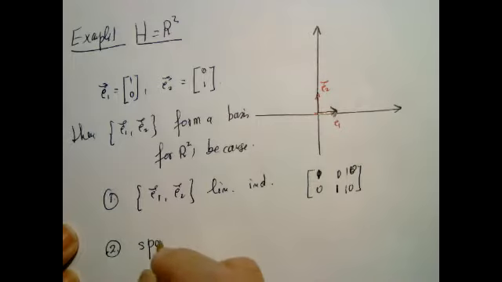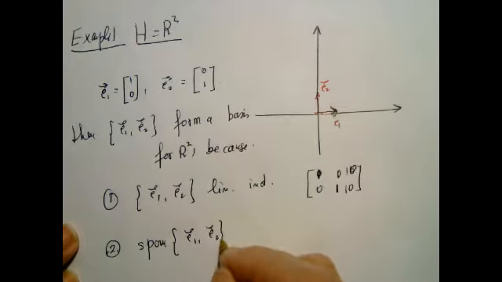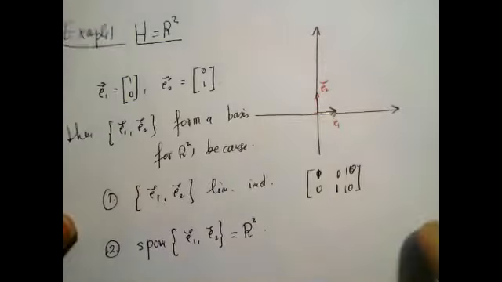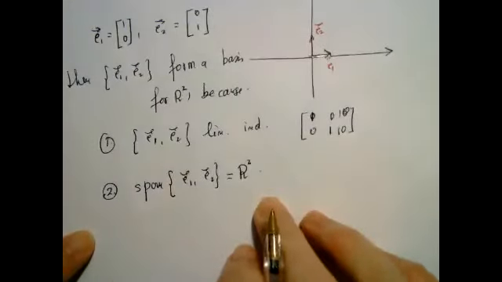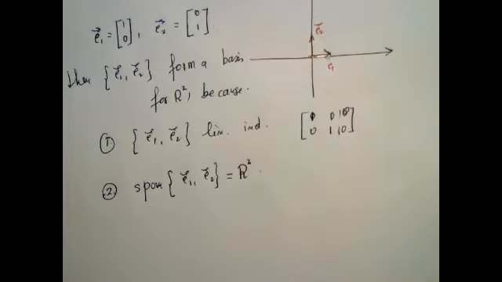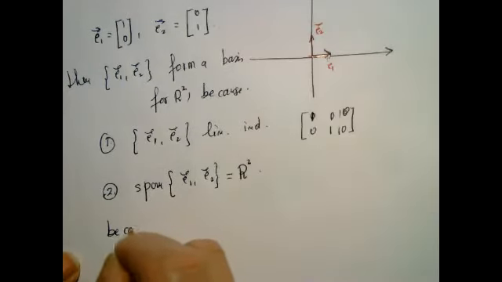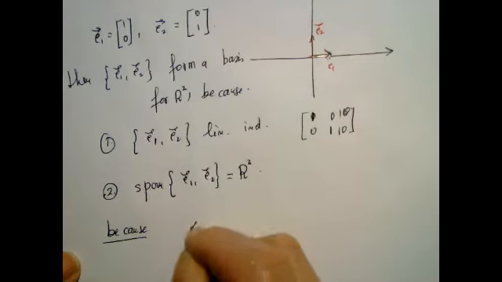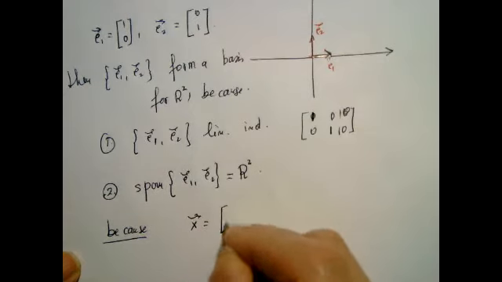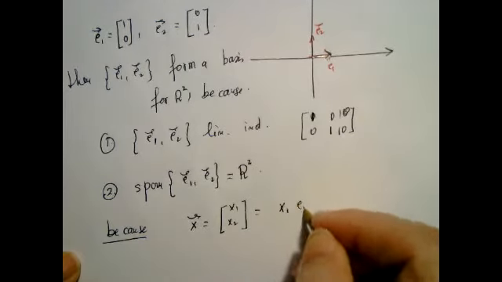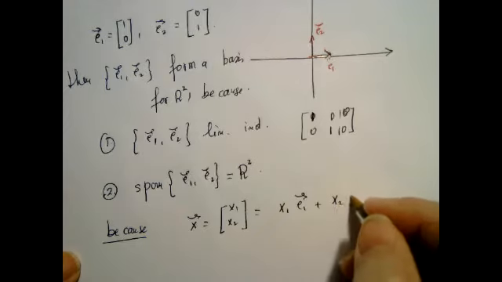Second, their span means all their linear combinations. If I take every possible linear combination, I should be able to get all of R2. It means any vector in R2 is a linear combination. Now, we've seen in class that any two linearly independent vectors in R2 span R2, but in this scenario it's very easy, because if X is any vector in R2, I can write it as X1 E1 plus X2 E2.